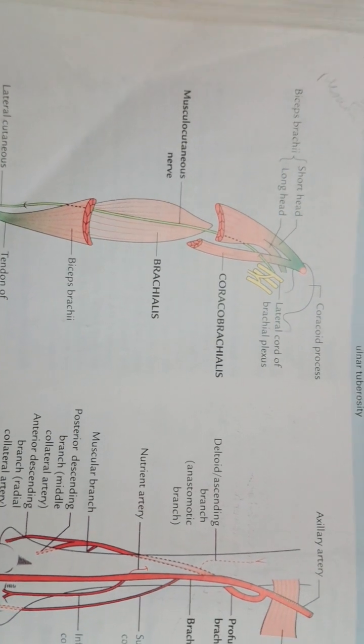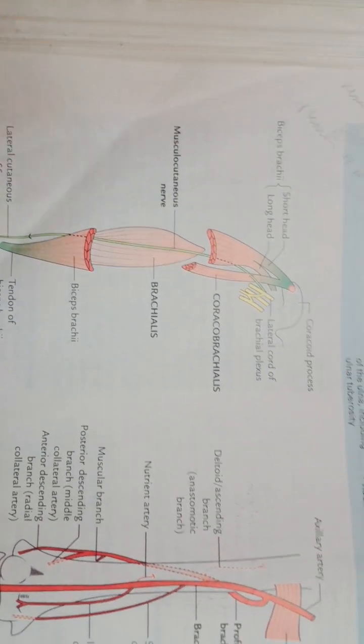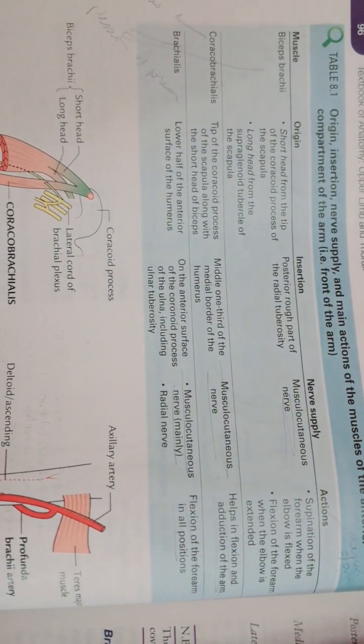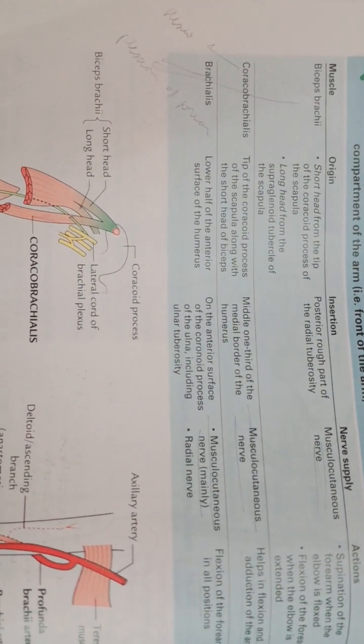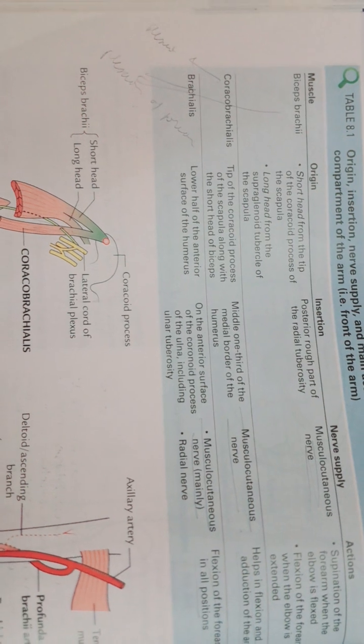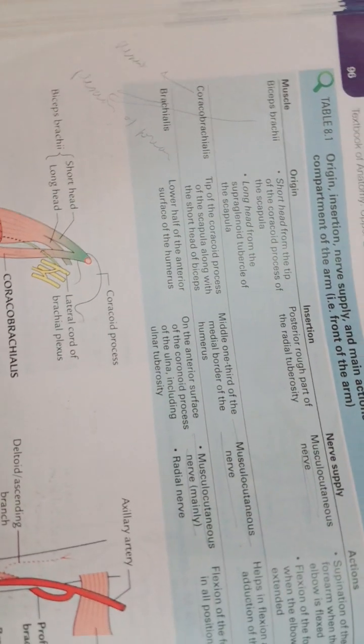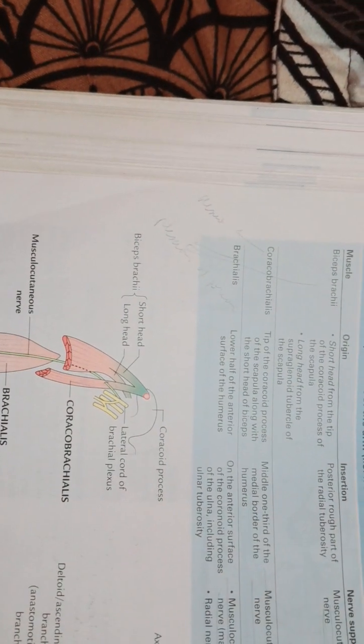So the sensation is lost along the lateral aspect of forearm. So these are the applied aspects.